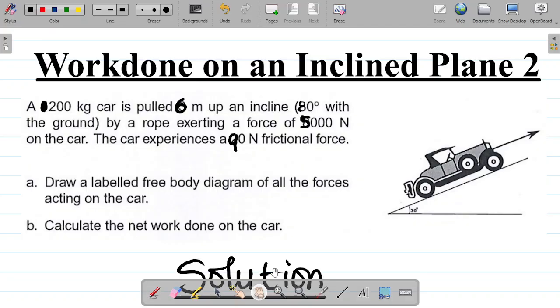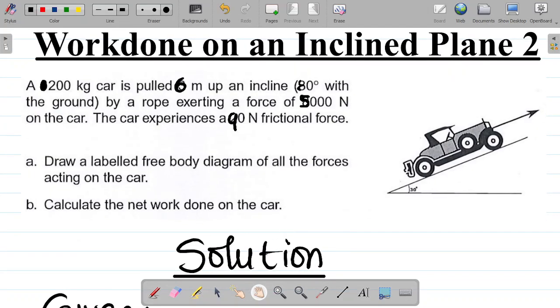So here's your task now. Look at this question here. I'll change this from 30 degrees to 80 degrees. The question now says, a 200 kg car is pulled 6 meters up an incline 80 degrees with the ground by a rope exerting a force of 5,000 Newton on the car.